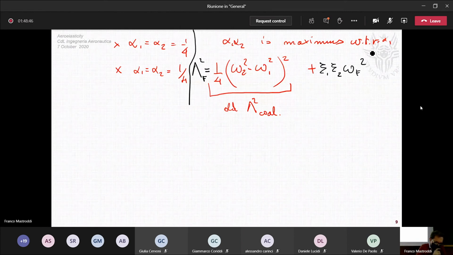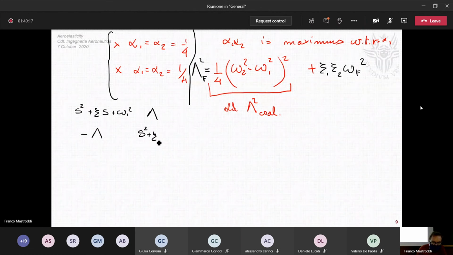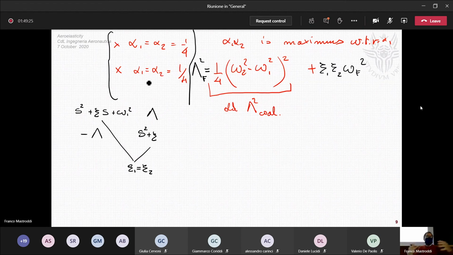It's happening the following. In this case, your characteristic equation, remember this is S squared plus zeta plus omega 1 squared lambda minus lambda, and here you have S squared plus the same zeta, because this zeta is zeta 1 equal to zeta 2, because we are in the case with alpha equal to 1/2.